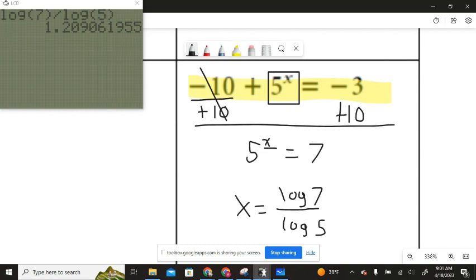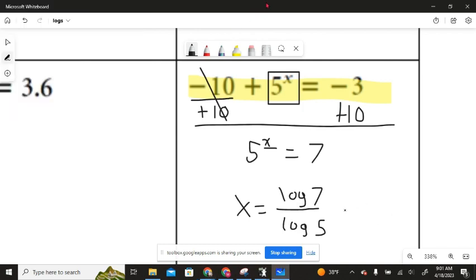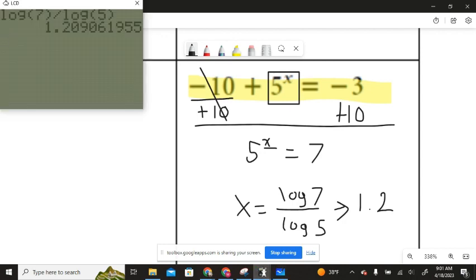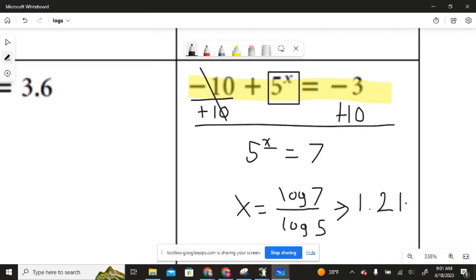This right here, that is our decimal. Now, it's going to round this up. That would be 1.21. So that'll be your power.